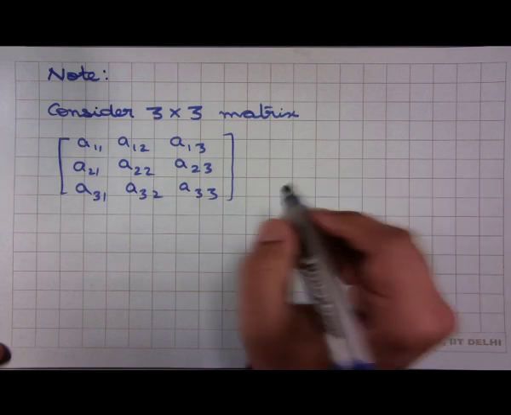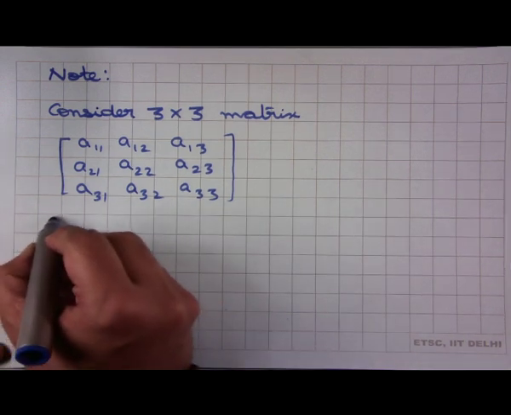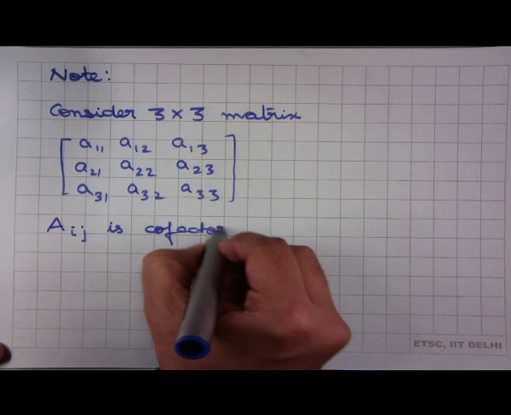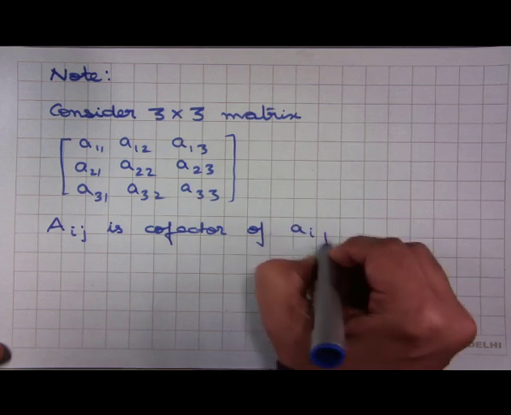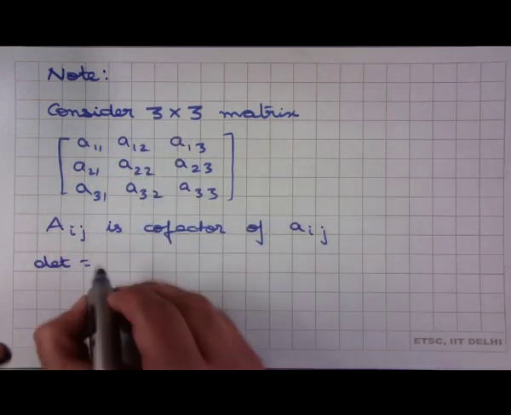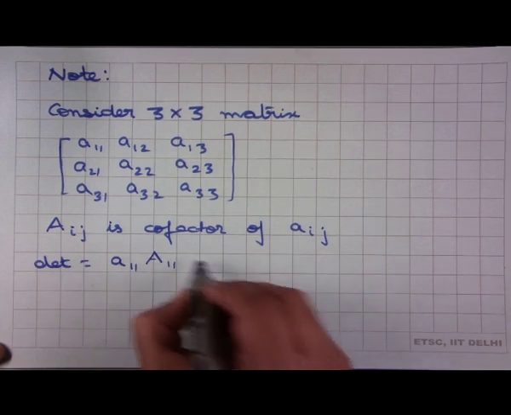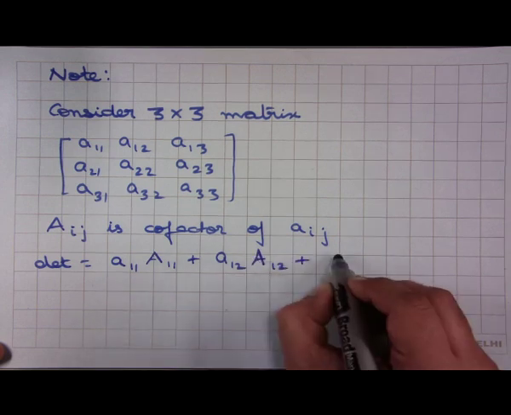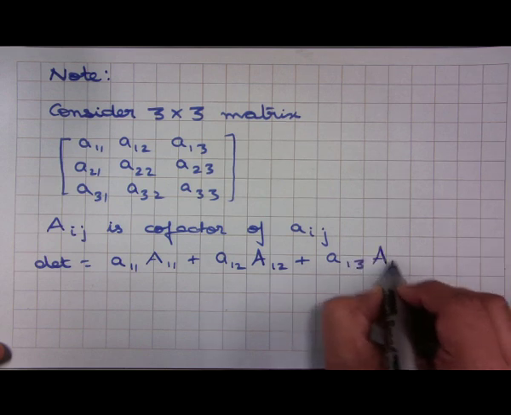So, these small a's denote the entries of the matrix, and let us say that capital A_ij is the cofactor of the entry a_ij. Then the determinant, if you expand along the first row, is going to be a11 times A11 plus a12 times A12 plus a13 times A13, right.